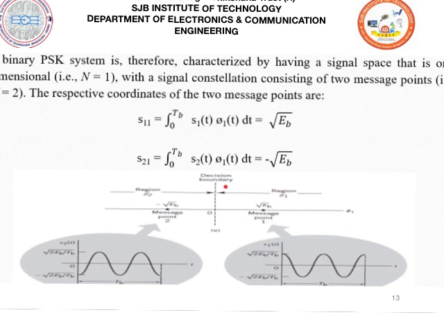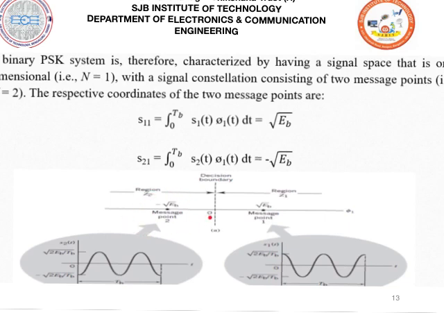Now as you can see here, this is my decision boundary for the BPSK. There is only one axis, so only one basis function, that is phi 1. The decision boundary lies with respect to the zero value on the axis phi 1. Greater than 0 is message point 1, the region of binary symbol 1, which is region Z1, and less than 0 is message point 2, the region of binary symbol 0, which is region Z2.